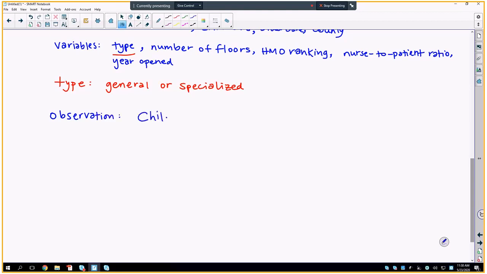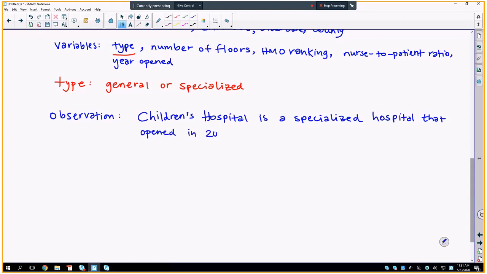Children's Hospital is a specialized hospital that was opened in 2005. It has 3 floors. And its HMO ranking is 1.